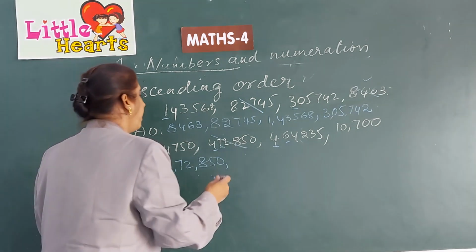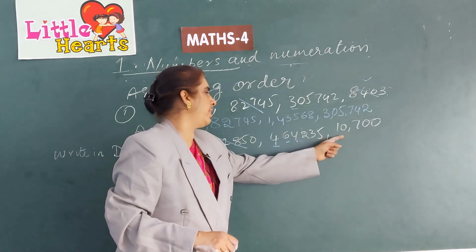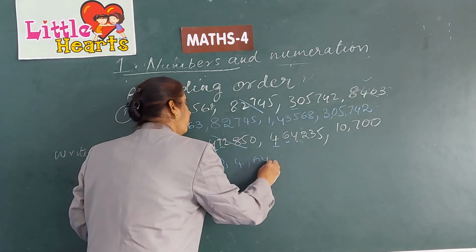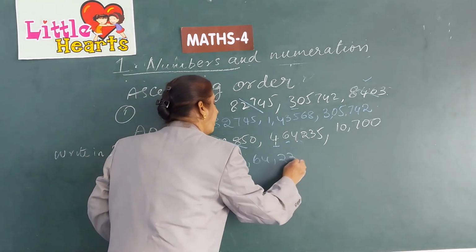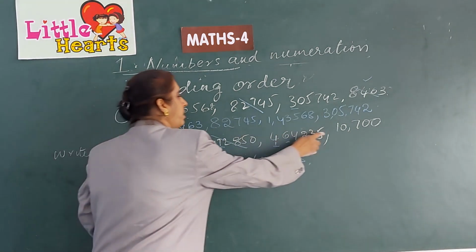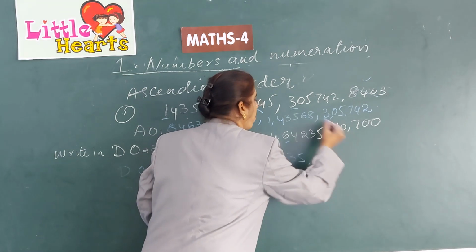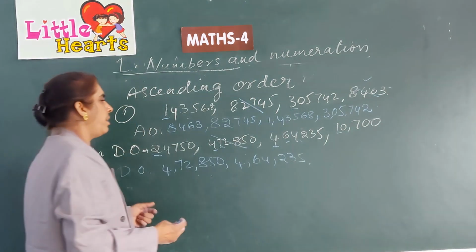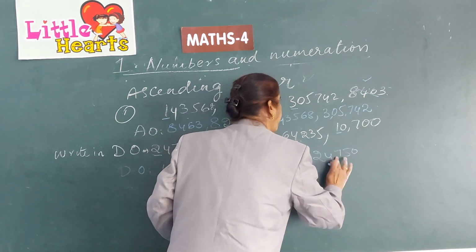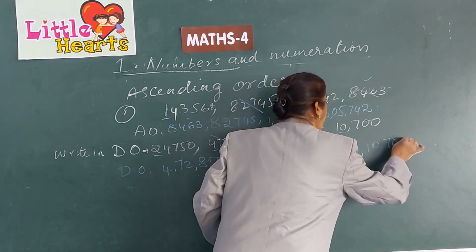$4,72,850. Next thing is, these two have 5 digits, so this comes next. 4,64,235, and these two are 5 digit numbers, so check from extreme left, 2 and 1. 2 is greater than 1, so this comes next. 24,750 and 10,000,700.